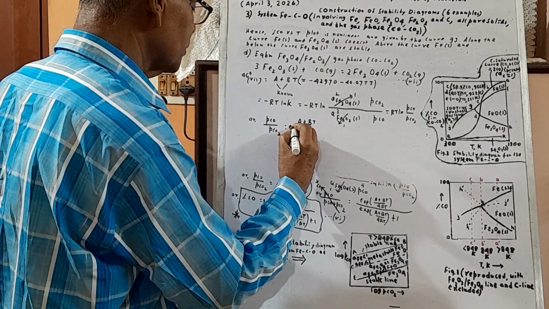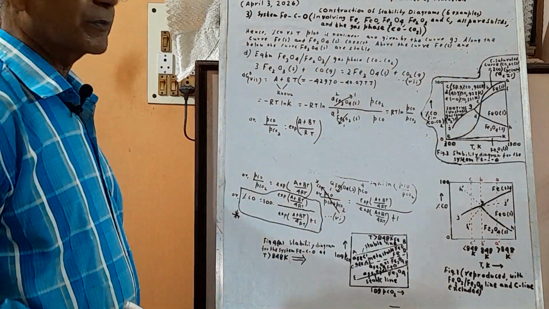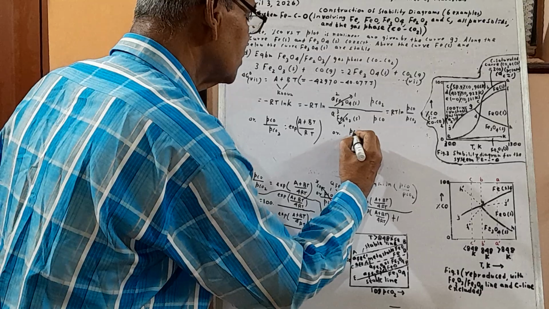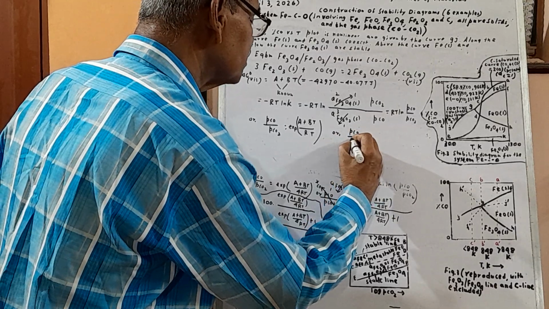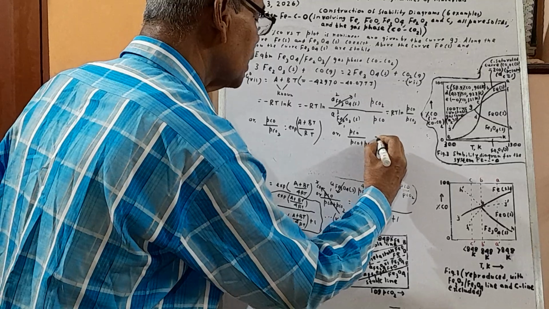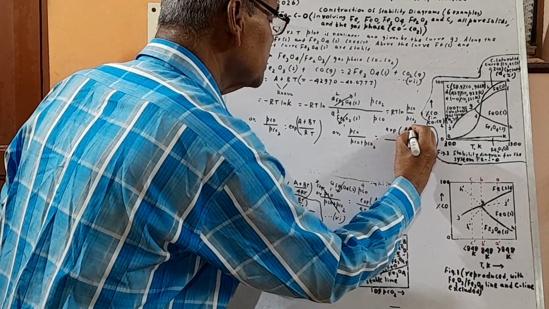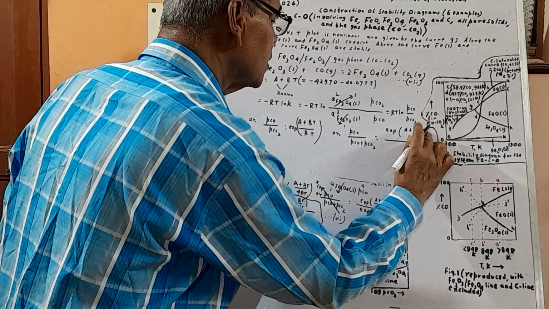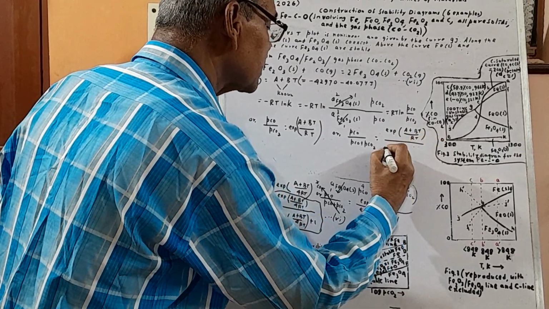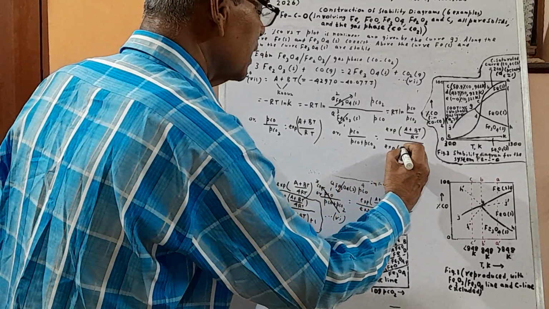Not only that, exponential, no problem. Or PCO by PCO plus PCO2 is what? Exponential A plus BT over RT divided by exponential A plus BT over RT plus 1.